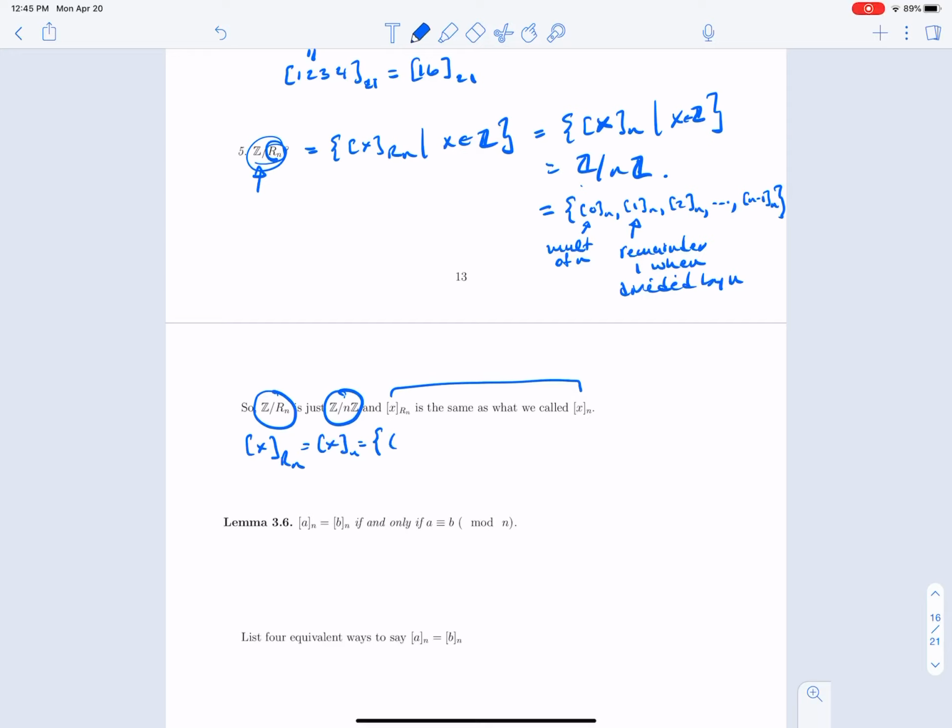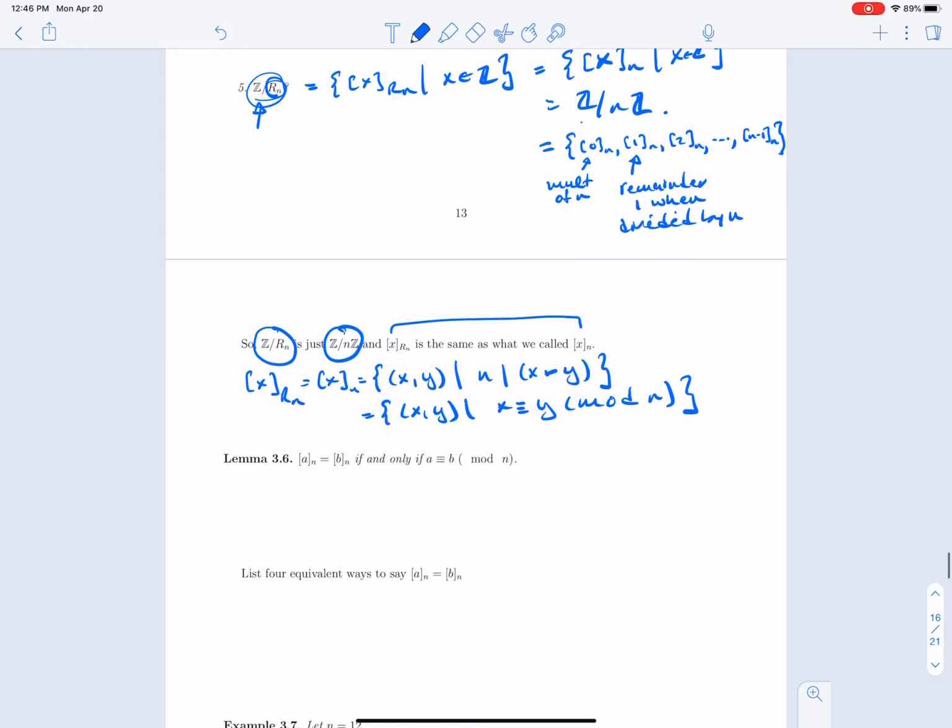These again are just x comma y, such that n divides x minus y, or y minus x. Since it's symmetric, it doesn't matter which way we write it, which is the same thing as saying that if their difference is divisible by n, then I can write them as x congruent to y mod n. And so we just remember what these different notations mean.